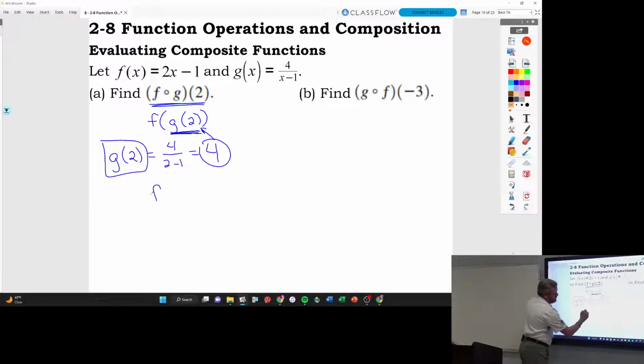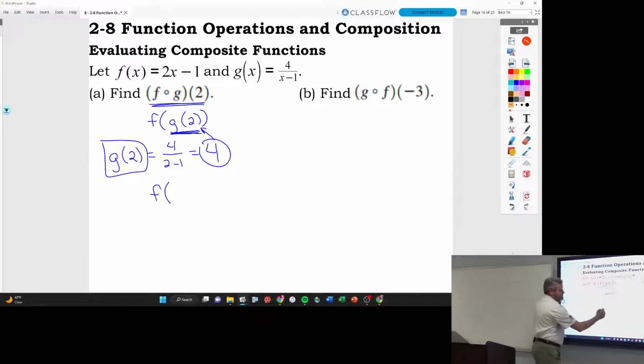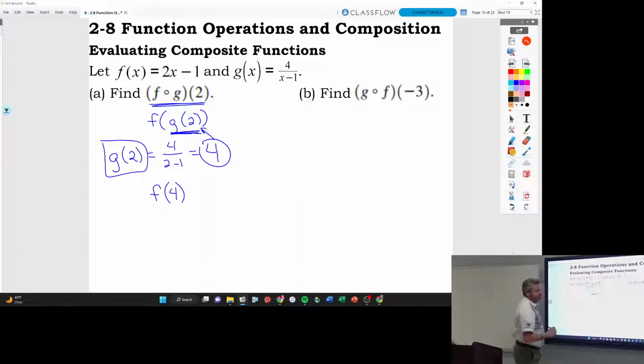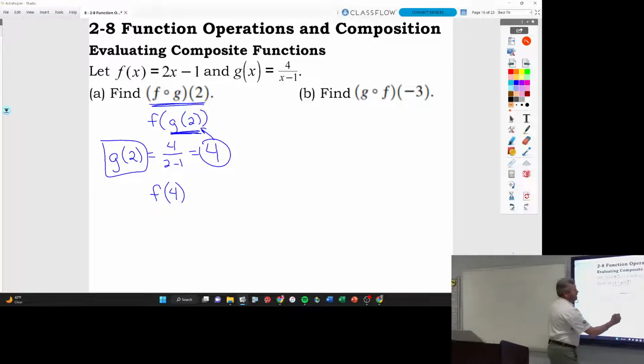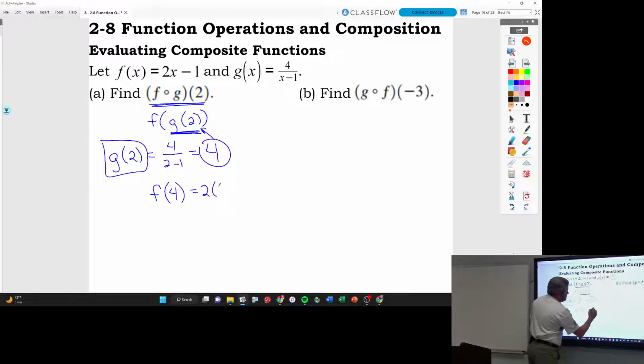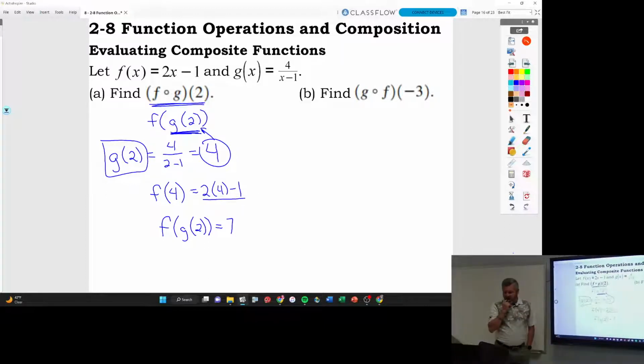So now I'm down to f of g of 2, but g of 2 is 4. So now I'm going to evaluate the f function at 4. That's 2 times 4 minus 1. So f of g of 2 is equal to 8 minus 1, which is 7.